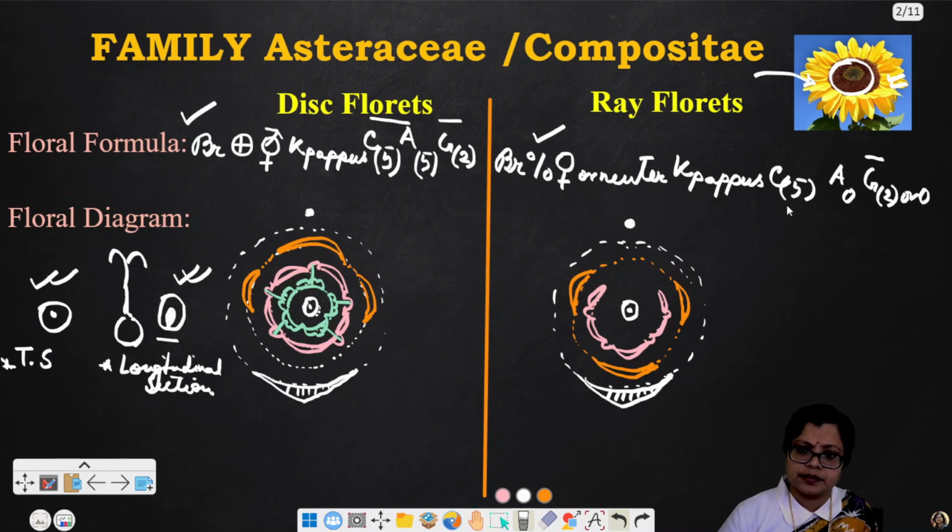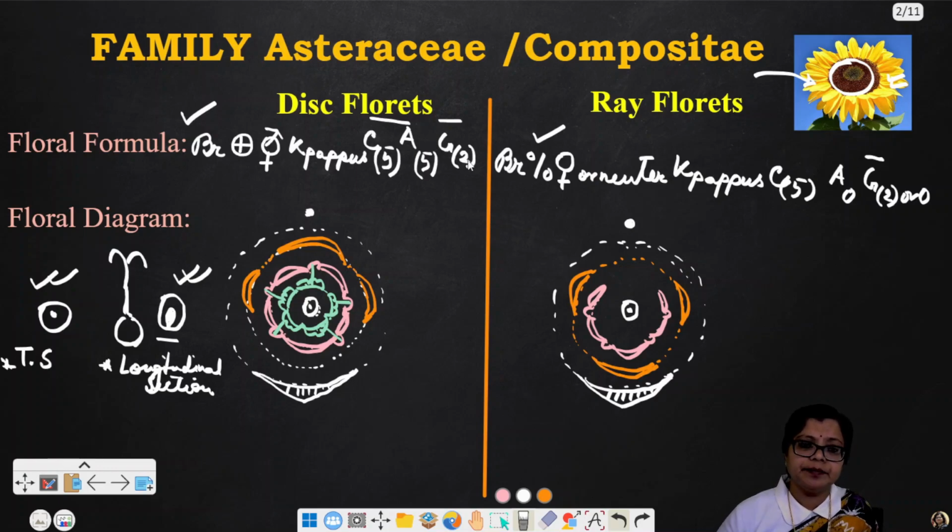We have discussed in our previous video. And androecium, in case of disc floret, it is present 5 in number, syngenesious. So as it is united, the anthers are united laterally, we have to write the number within the bracket. And also we have learned epipetalous, so we have drawn a line above C and A, which represents epipetalous, right?